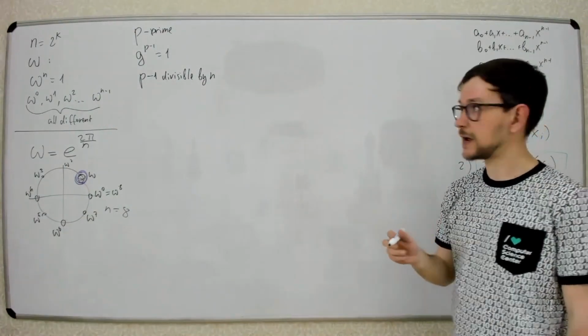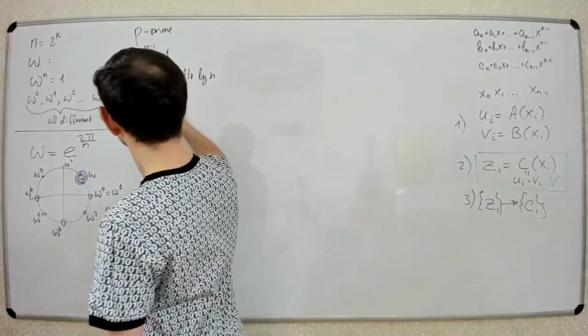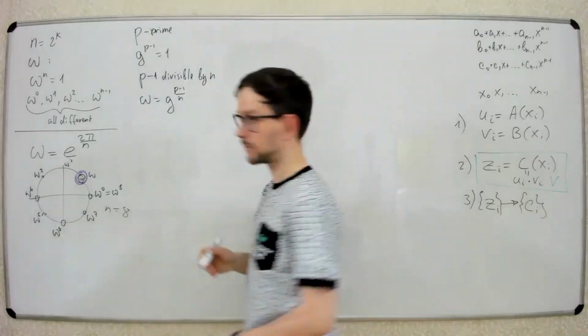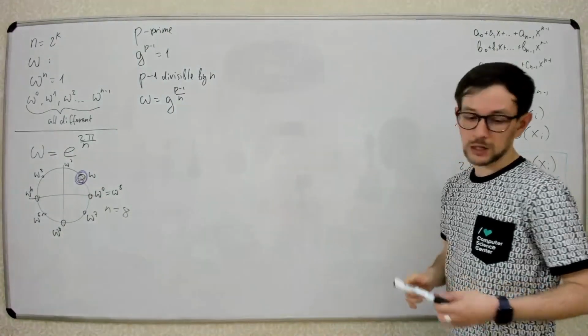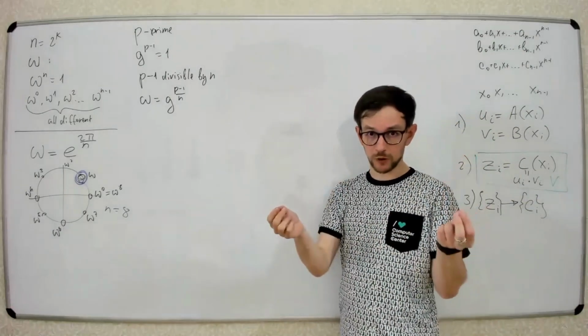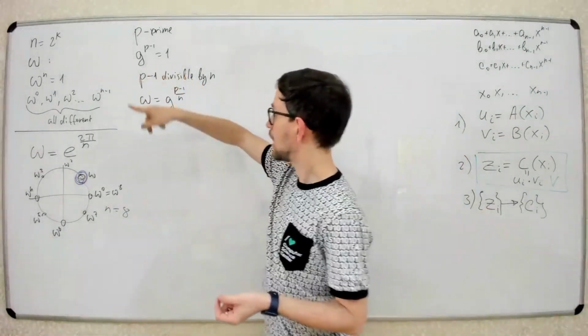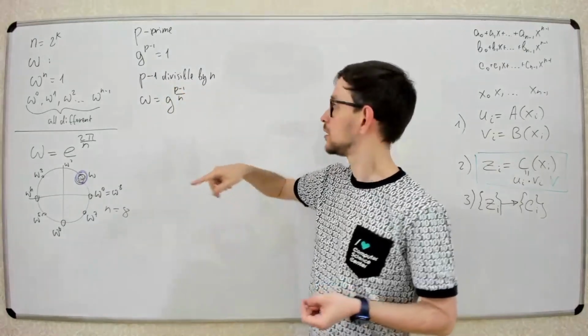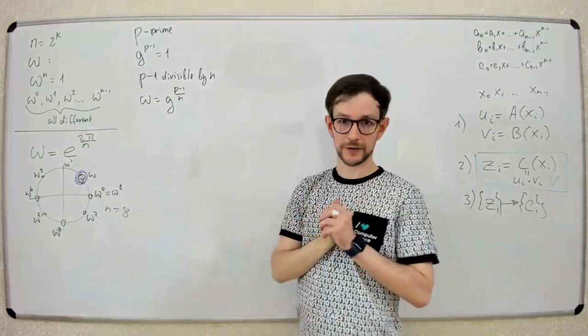If it is divisible by n, then I can take g to the power (p minus 1) over n as my base. So you can take a prime modulus, take its generator, and if p minus 1 is divisible by n, you can calculate your base like this.